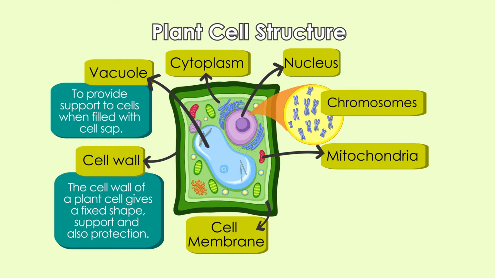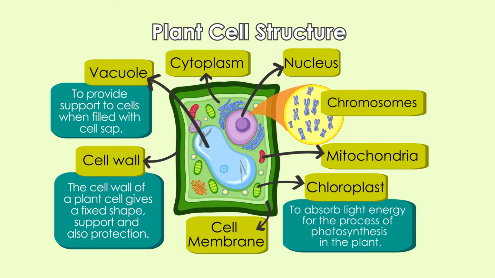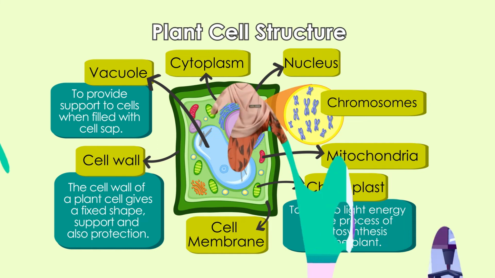And finally, number 7 is a granule known as a chloroplast. Its function is to absorb light energy for the process of photosynthesis in the plant. Wow!